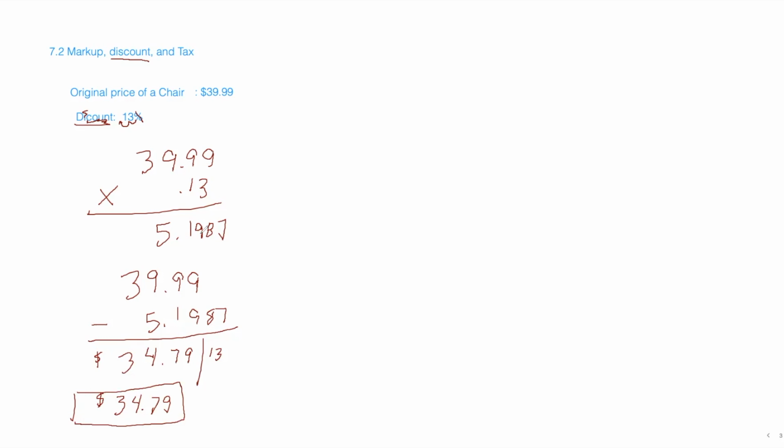$34.79. Now, like everything, there's a faster way to do it. Since we're discounting 13%, what we're actually paying for is 100 minus that 13%, which gives us, after you subtract it, 87% of the product. So if you can do this right away on your calculator, 39.99 times 0.87, because once again, we're making that percent into a decimal.